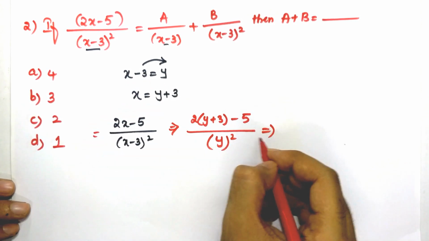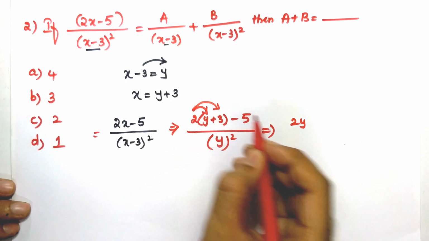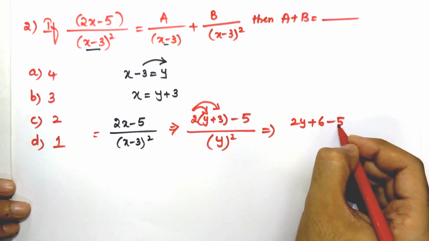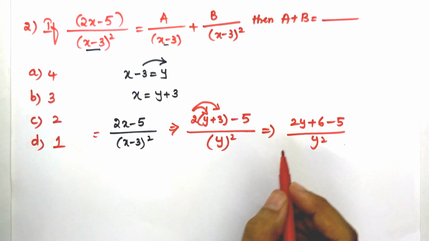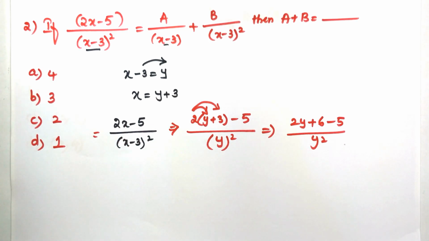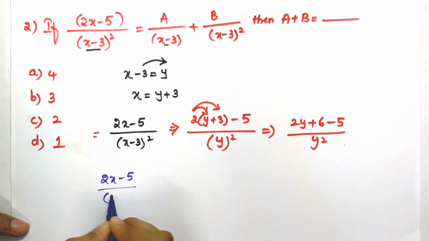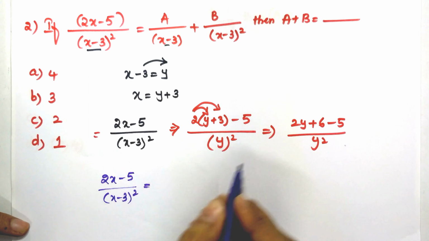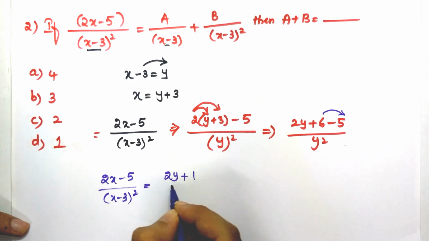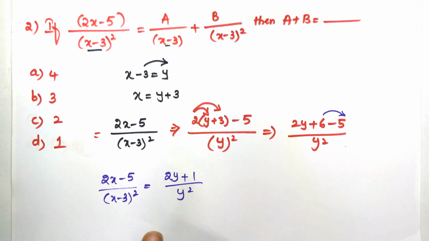Now open the bracket. 2 into y is 2y, 2 into 3 is 6, and minus 5 as it is, by y square. Now 6 minus 5 is 1. So it becomes 2y plus 1 by y square.